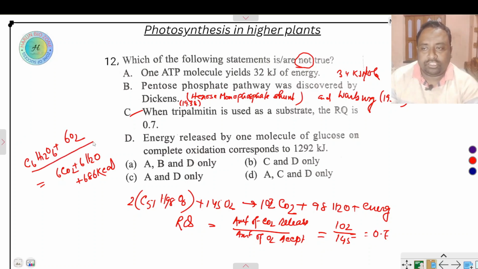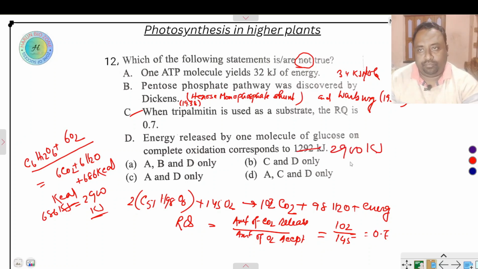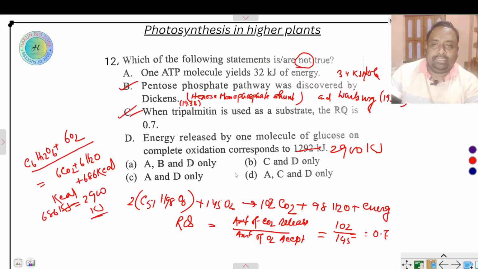This is the complete oxidation of glucose. 686 kilocalorie means 2900 kilojoule. Clear? So, complete oxidation of one molecule of glucose produces 2900 kilojoule. So here the correct options are B and C. So here A and D are the wrong answers. Not correct options are A and D.